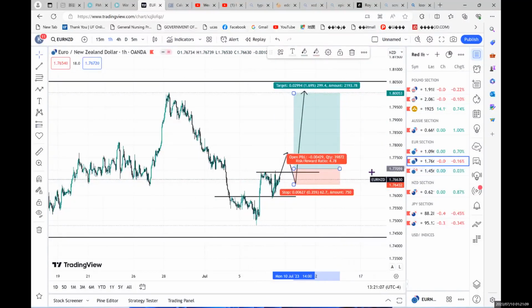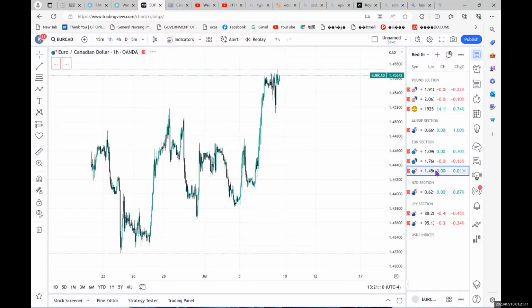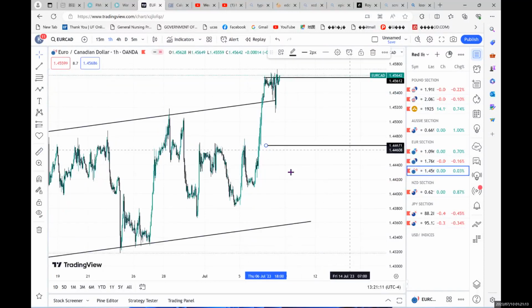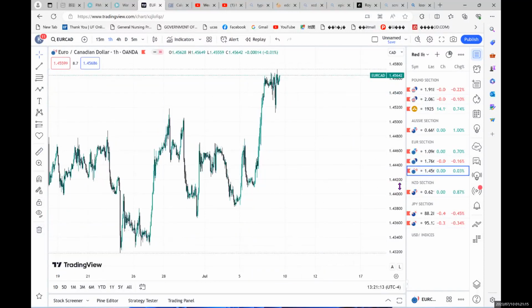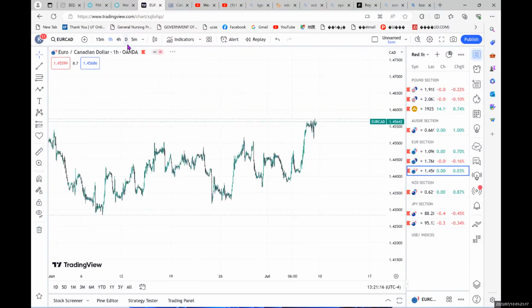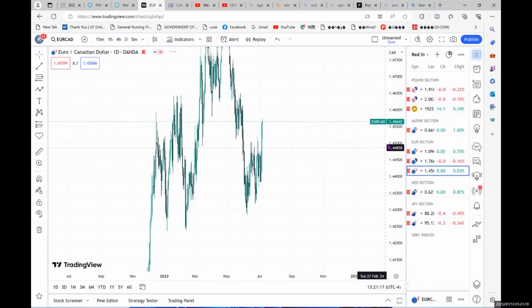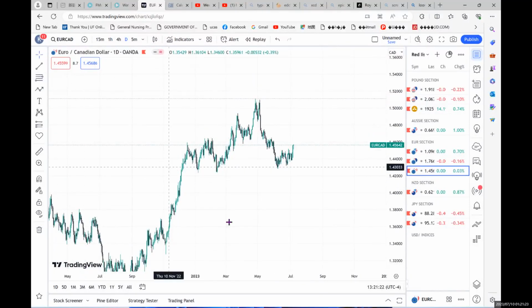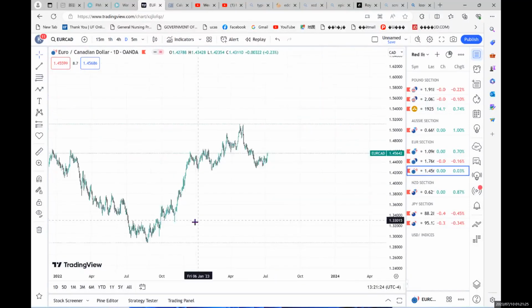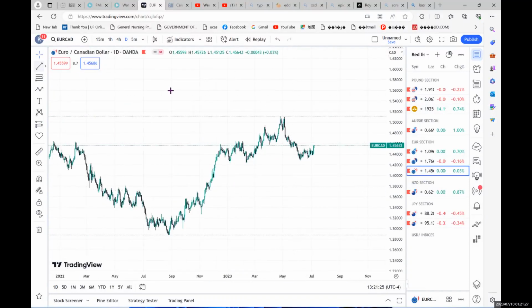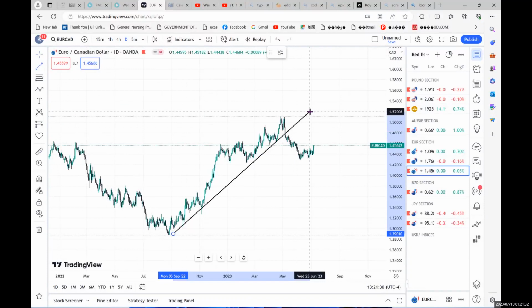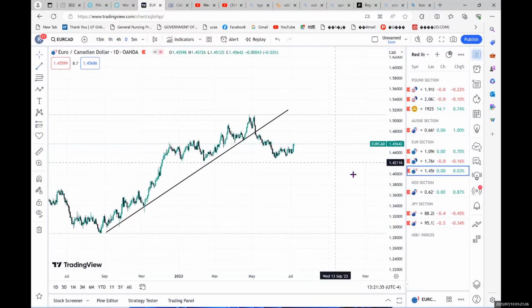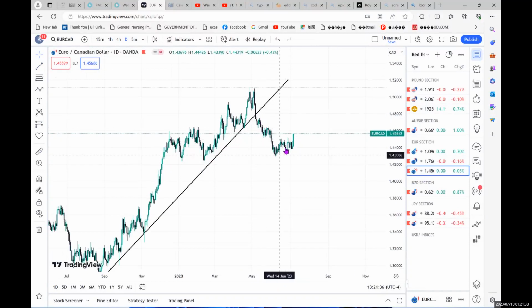Yeah. Another pair, EUR/CAD. Let's clear this. Let's check the daily. You see price was in an uptrend on the daily here. Broke out of this trend line, and we started creating lower highs, lower lows, lower highs.